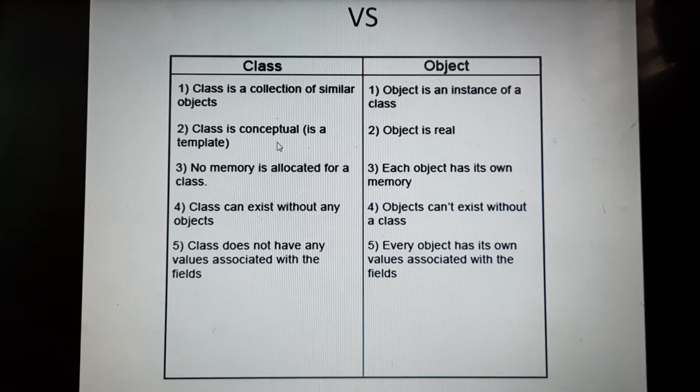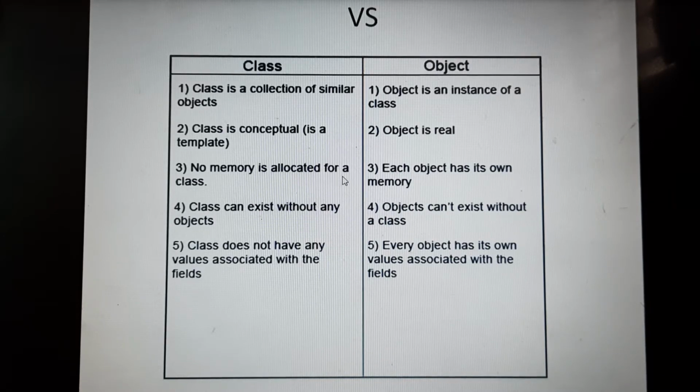So a class is a concept, whereas an object is real. We can create two, three or many more objects from a particular class having the field variables and methods. So the class is conceptual and the object is real.